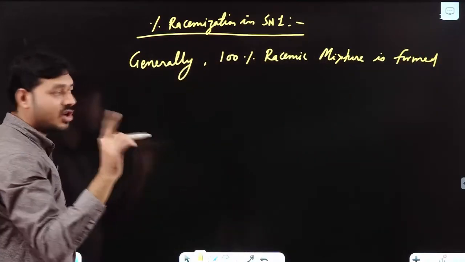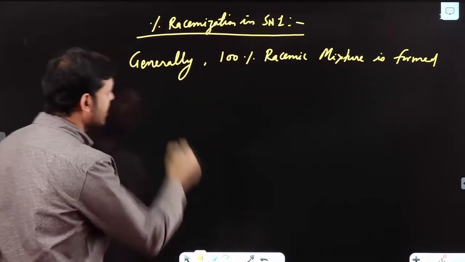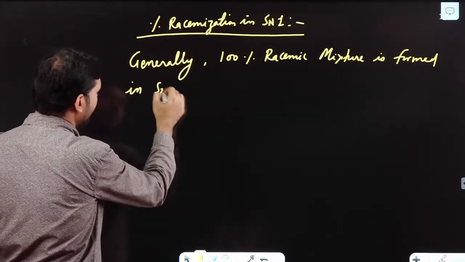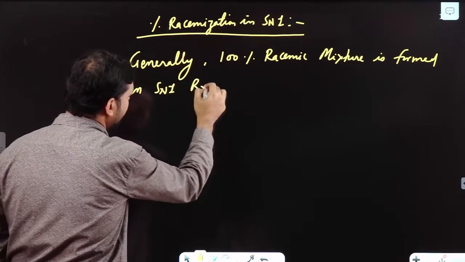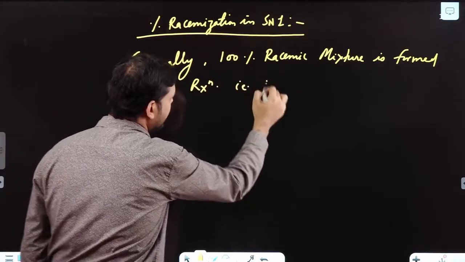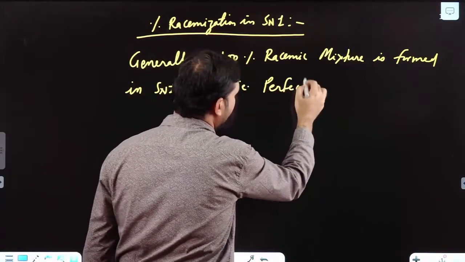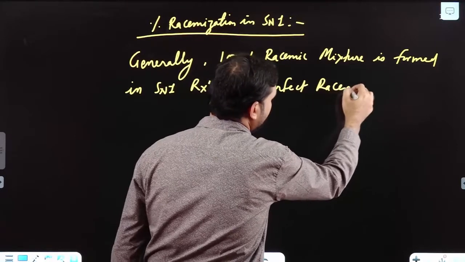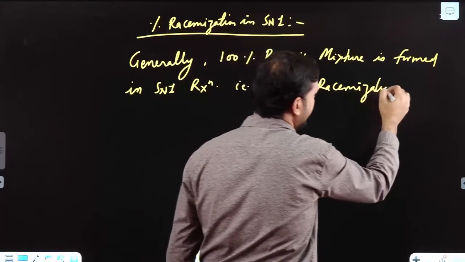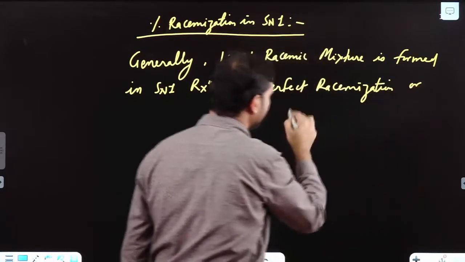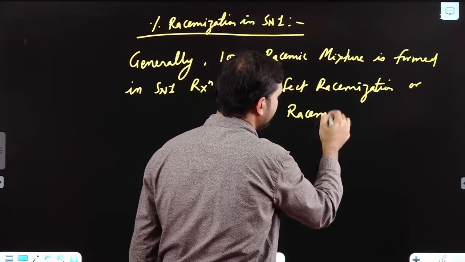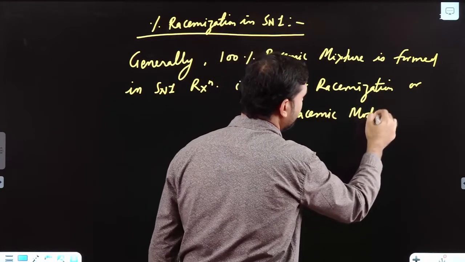Generally I am telling, okay, not always. A 100% racemic mixture is formed in an SN1 reaction. That is perfect racemization, or you call it racemic modification.